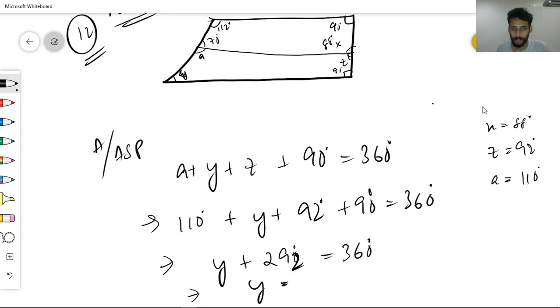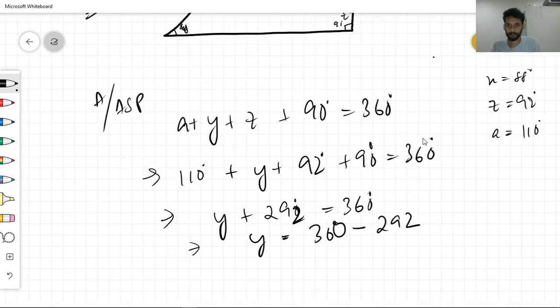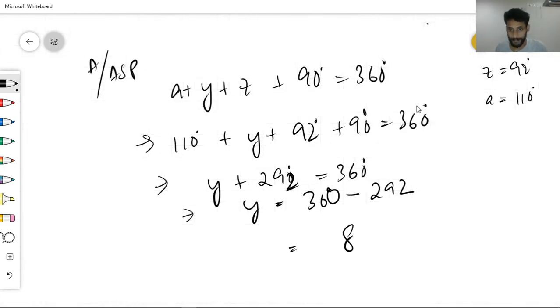This implies y is equal to 360 degree minus 292, which is 68.